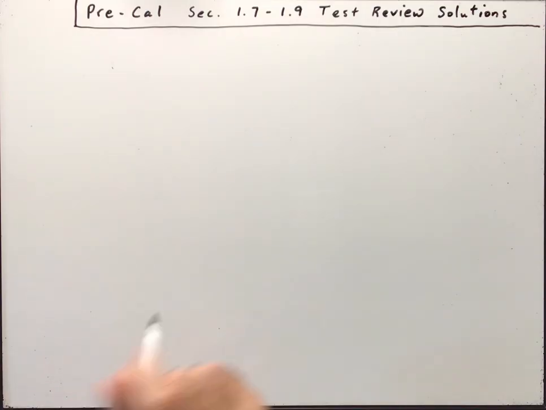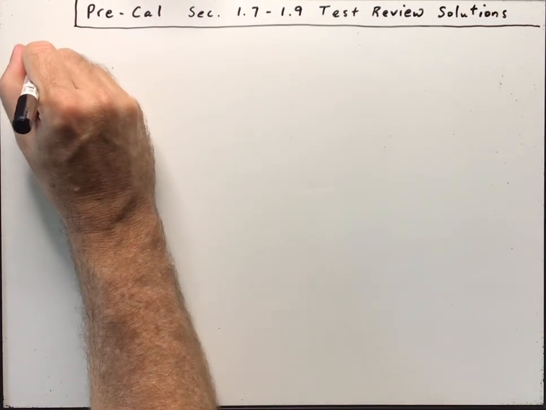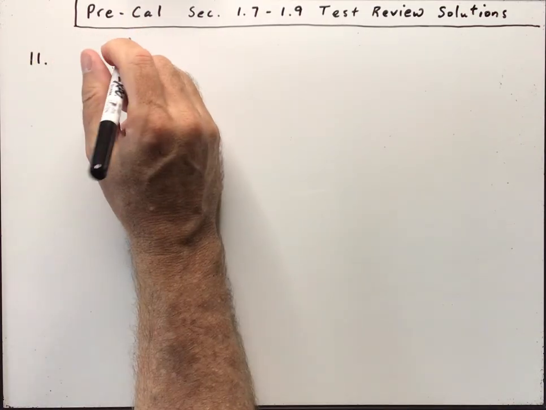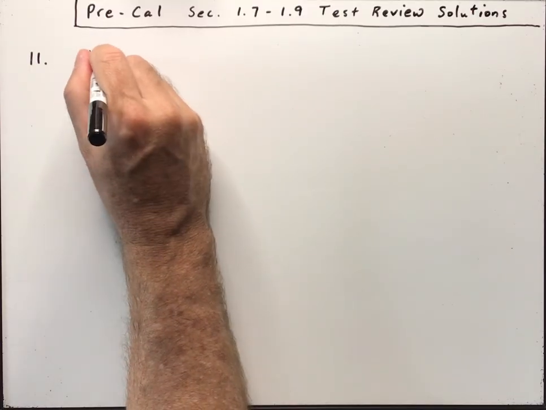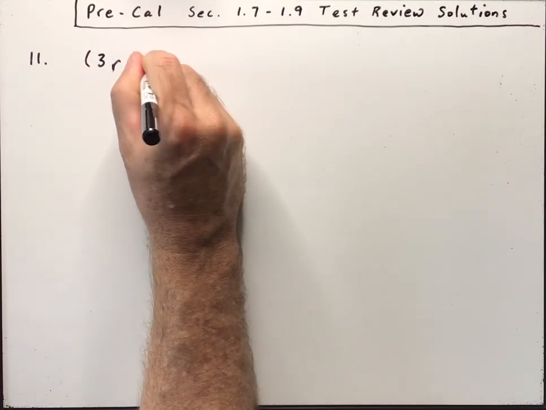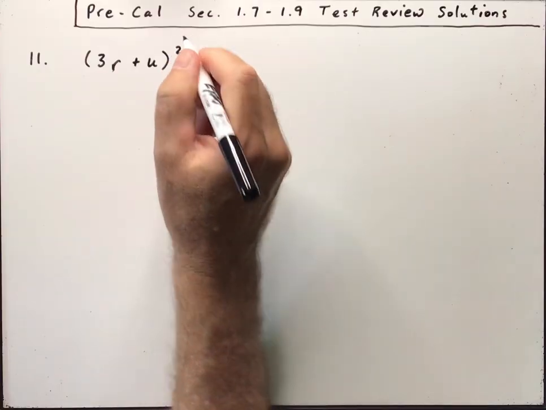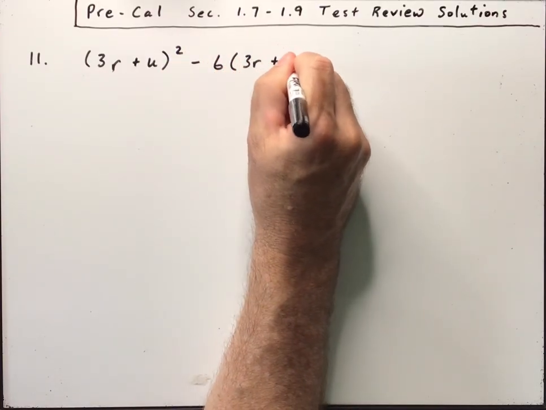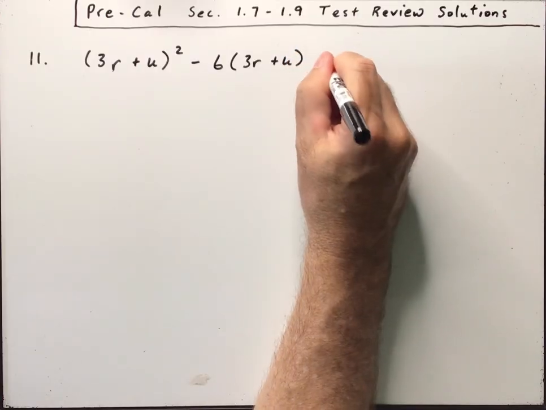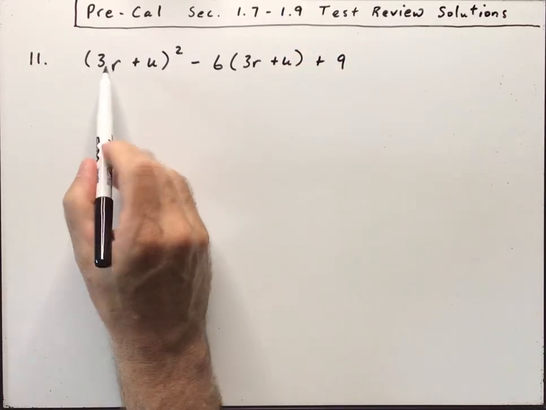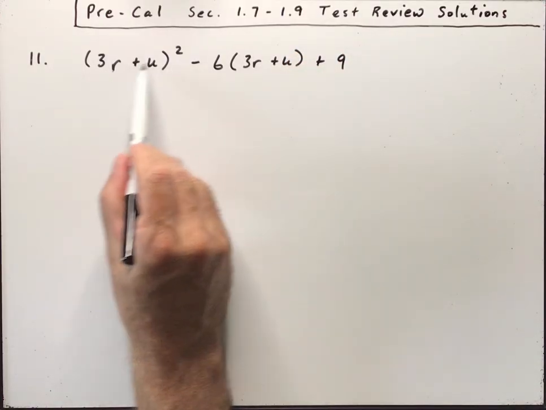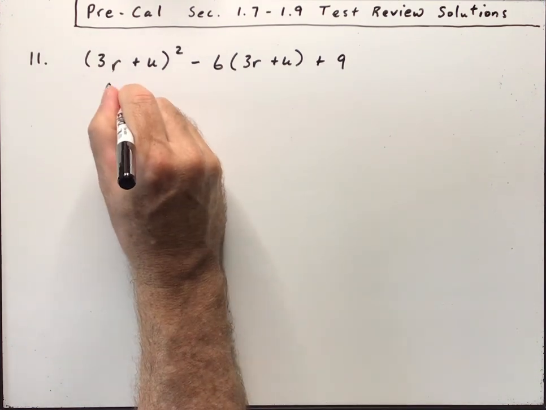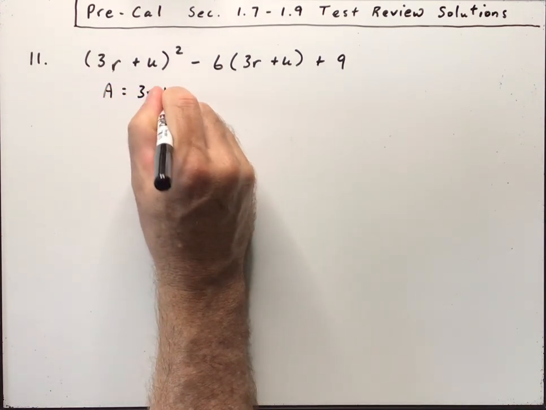It's shorter problems. And number 11, we want to factor (3r plus u) all squared minus 6 times (3r plus u) plus 9. So you could recognize that this quantity is a perfect square, where a is going to be 3r plus u.